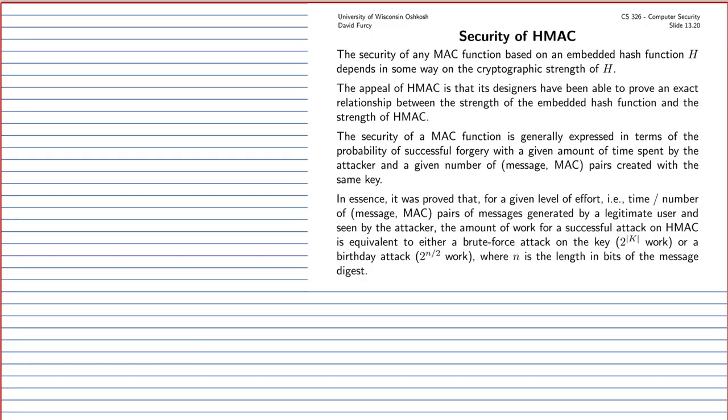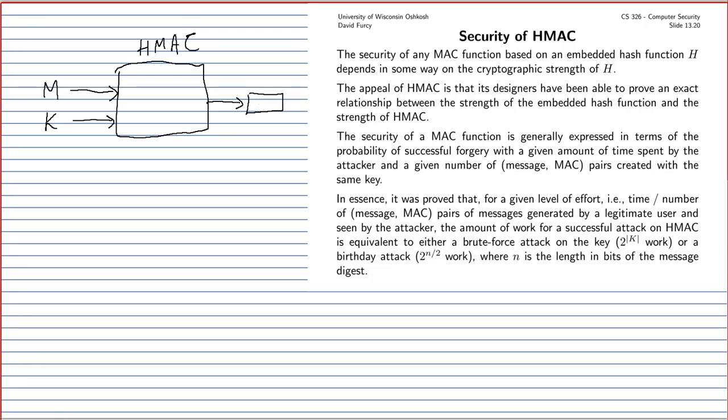So remember that HMAC is an example of a MAC algorithm, and as such, it takes two inputs, a message M and a private key K, and then of course it outputs either an authentication tag, sometimes called a message authentication code or MAC.